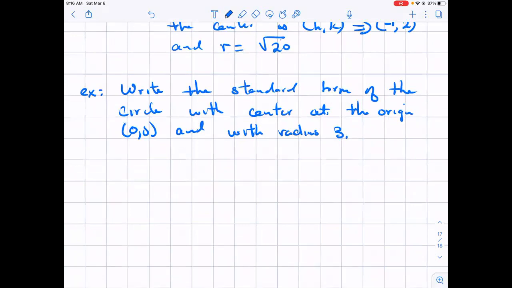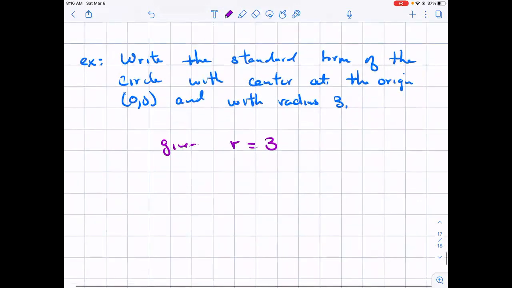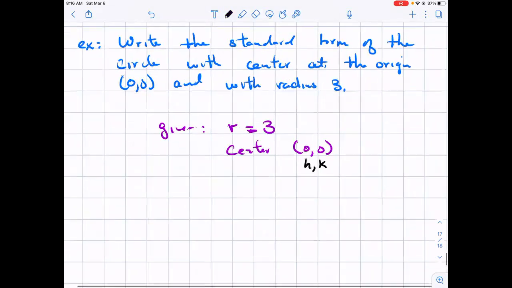So now what's given to you? Given here, r is equal to 3. So we have r, we don't have to find r. And the center is 0, 0. That means that this is h and this is k.